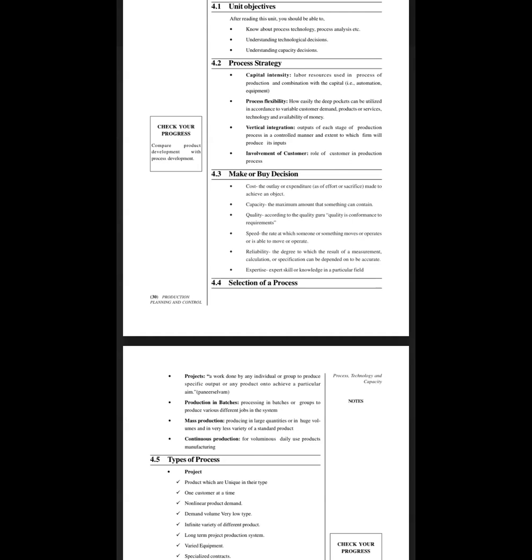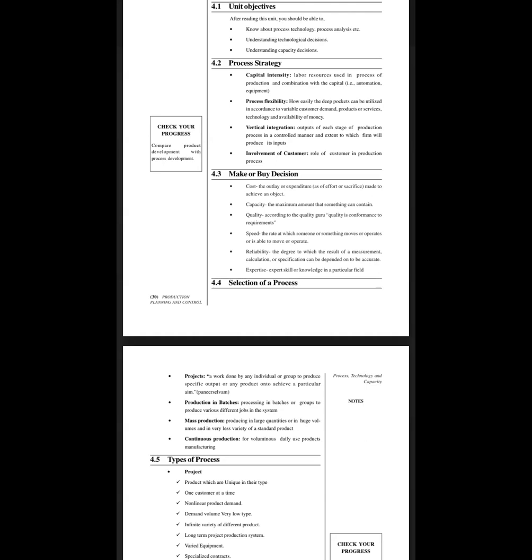Okay, then make and buy decision, cost of outlay expenditure, capacity, the maximum amount something can contain. Okay, quality, speed, reliability, the rate at which someone or something moves and operates.